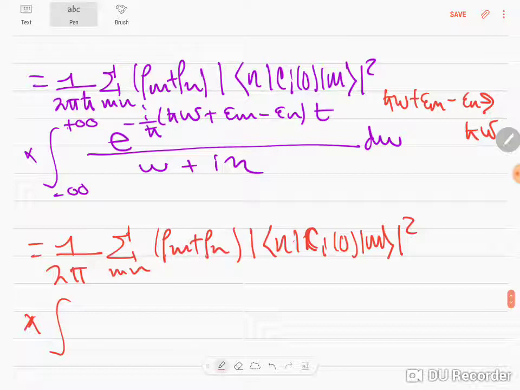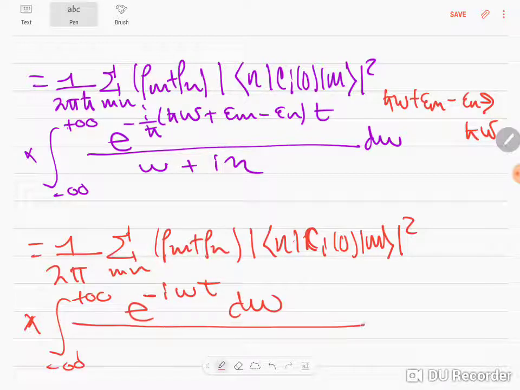This integral looks like minus infinity to infinity e to the minus I omega t d omega, and downstairs looks like h bar omega minus em plus en plus I delta, which is a new variable.